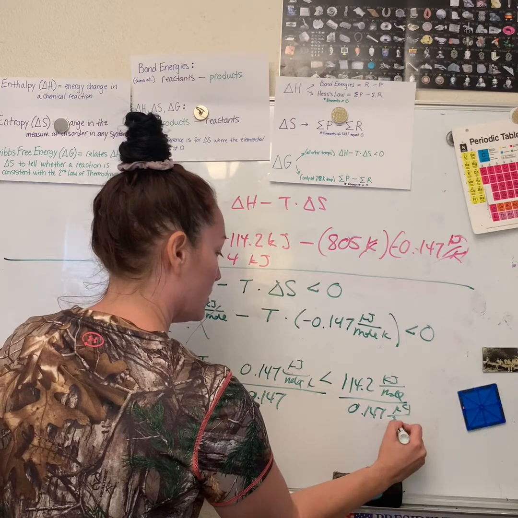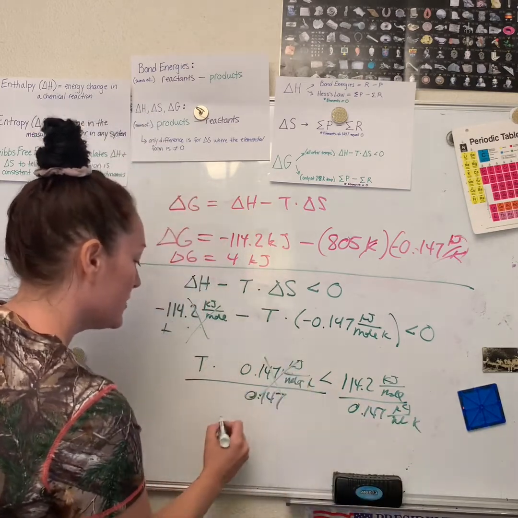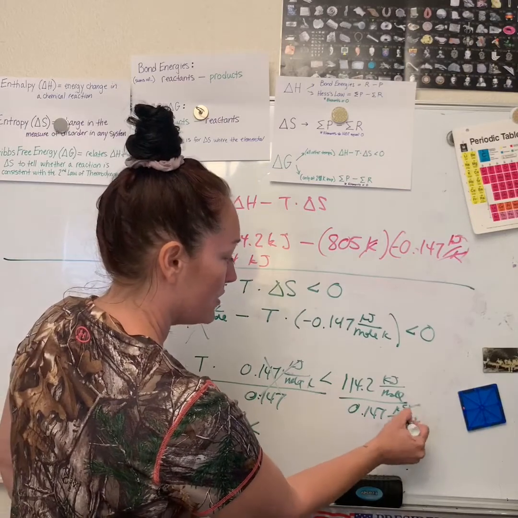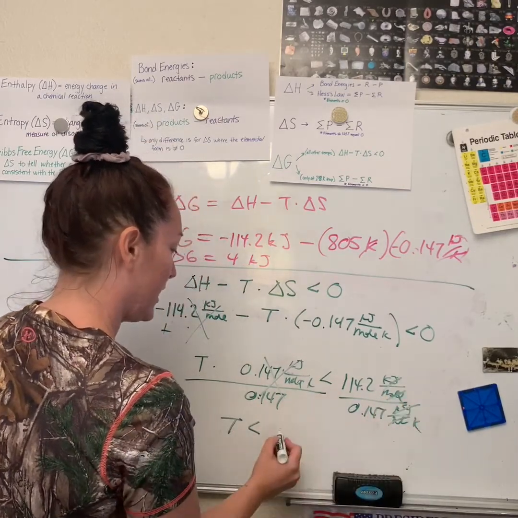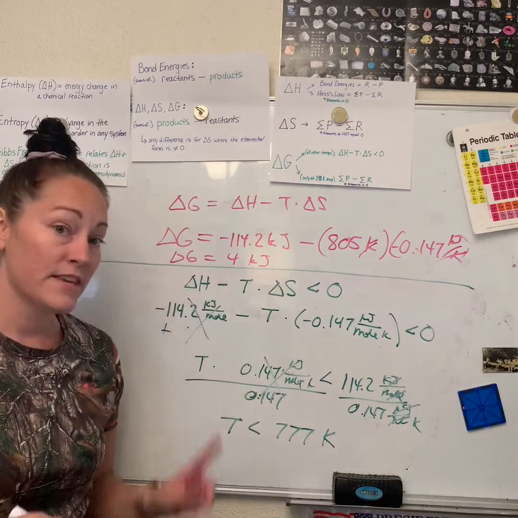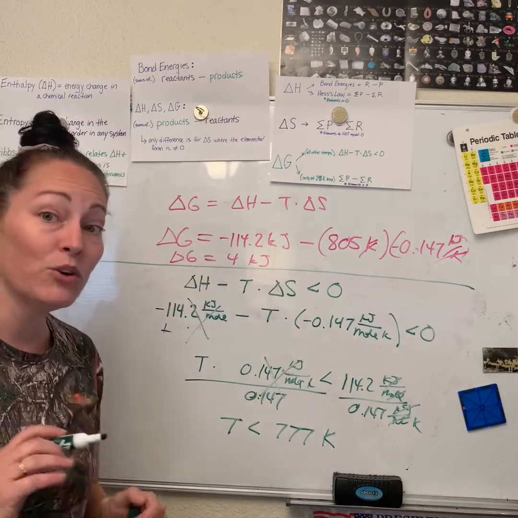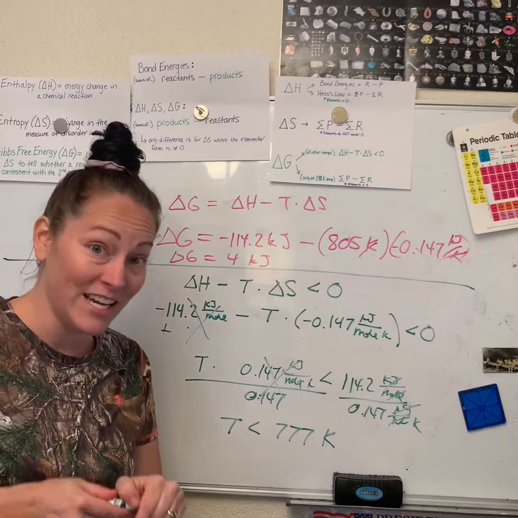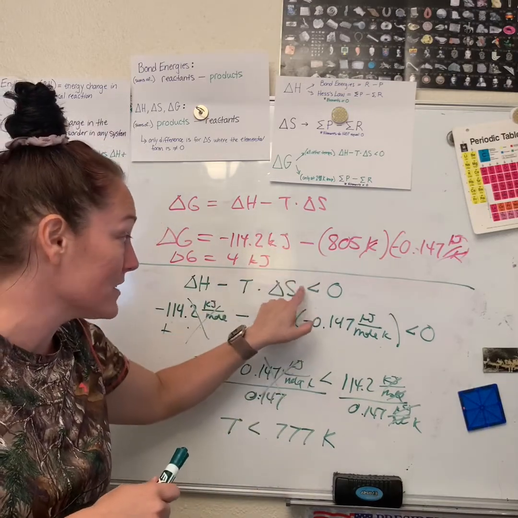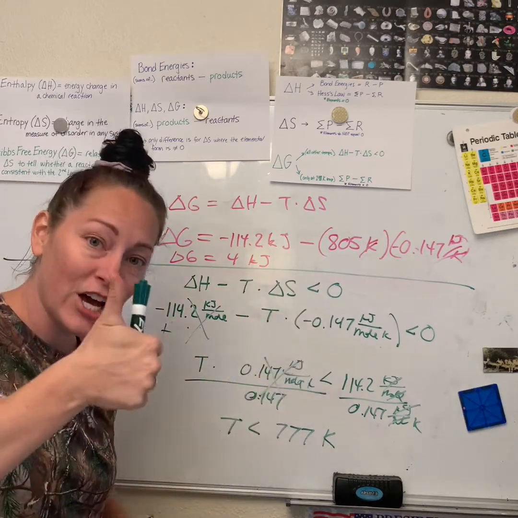Kilojoules per mole Kelvin. So T is less than, I cancel my moles and my kilojoules, I'm left with Kelvin, and this ends up being 777. So this reaction, it will work in nature. It becomes spontaneous, or it becomes a negative number. That's what it means by less than 0. If it's negative, it can go.